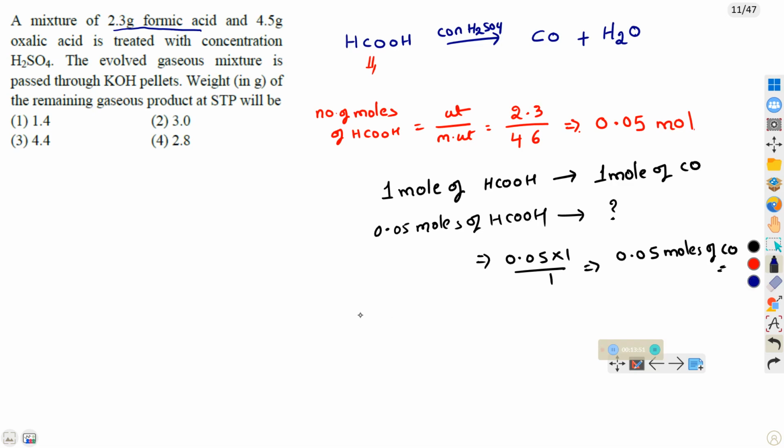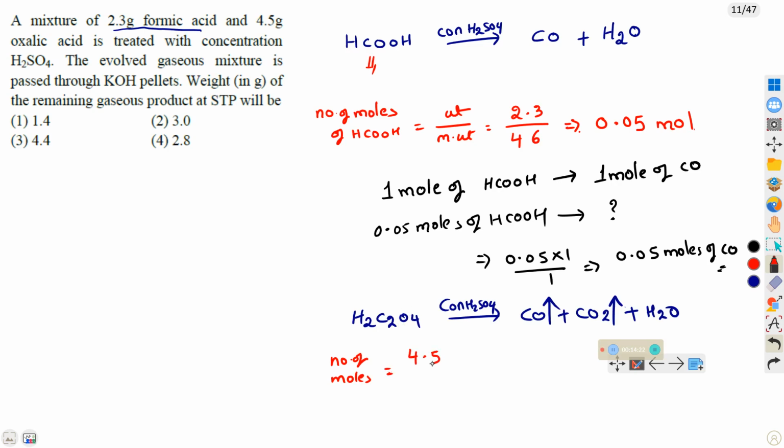Okay. Now oxalic acid. Oxalic acid, H2C2O4, is treated with concentrated H2SO4. Then it gives CO plus CO2 plus H2O. It liberates CO and CO2 gases. First calculate the number of moles. Number of moles of oxalic acid is equal to weight by molecular weight. Weight is given as 4.5 and molecular weight of oxalic acid is 90.